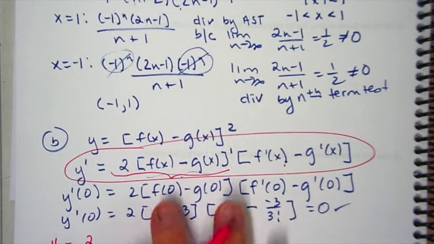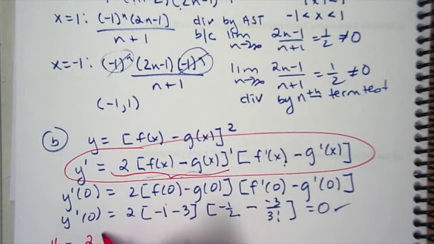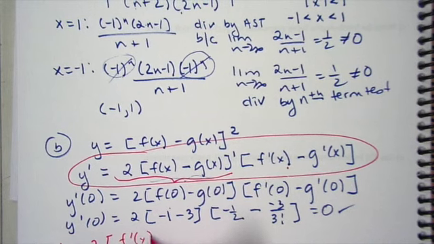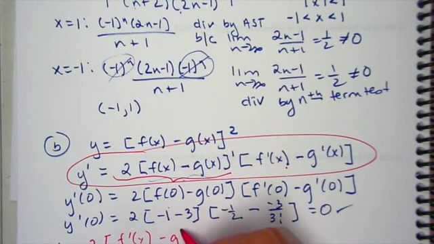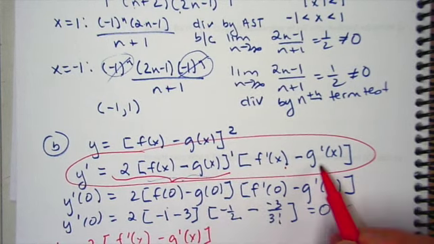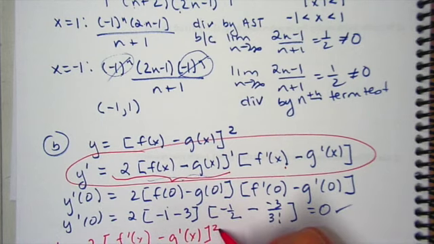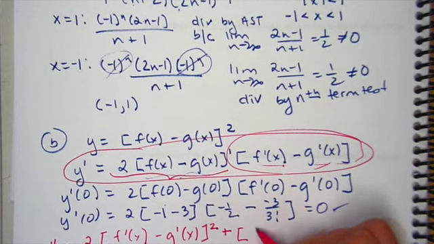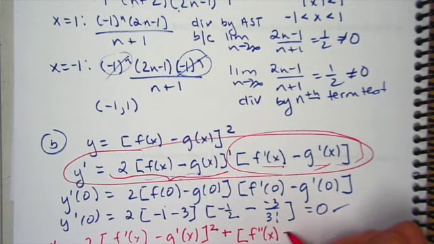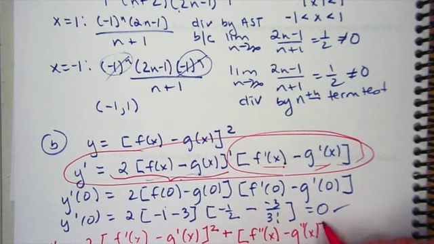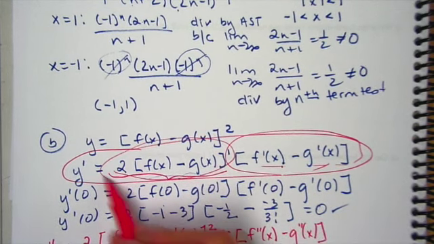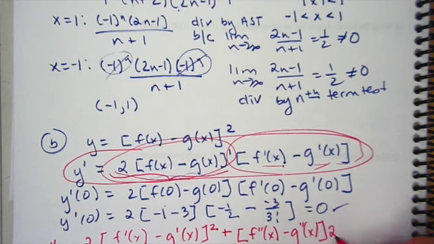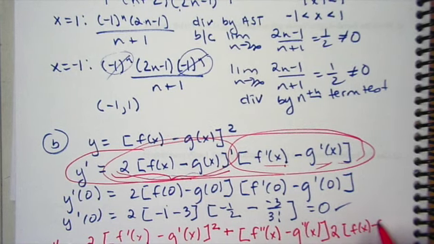So we have the derivative of the first, which is f prime of x minus g prime of x, times the second, but then notice the second is exactly the same as this, so you really have 2 of those, plus the derivative of the second, which is f double prime of x minus g double prime of x, times the entire first factor, which is all of this. So 2 times f of x minus g of x.